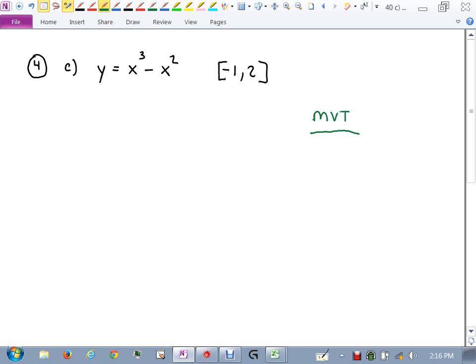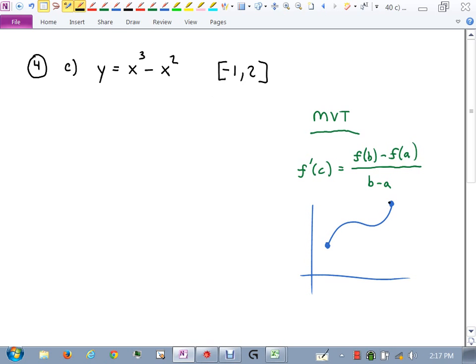So the mean value theorem might be something you want to jot down. It says that f prime of C will be f of B minus f of A over B minus A. That's what the mean value theorem states. But it requires a continuous function on a closed interval for this to work. There's somewhere inside where the derivative is equal to the slope of the secant line. This was the picture.